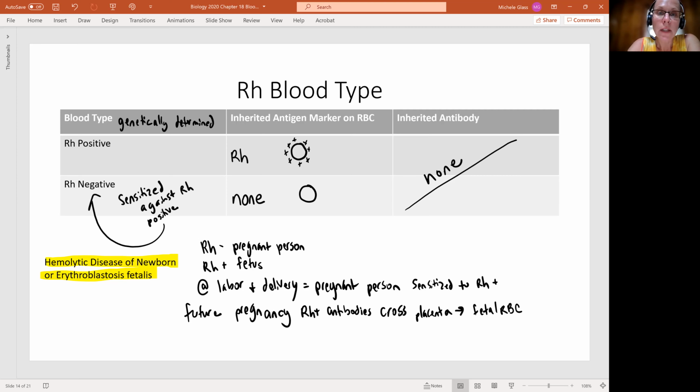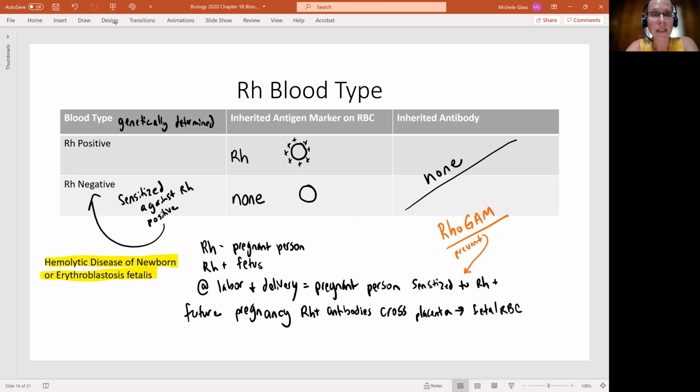Now, this can all be prevented, and this is typically prevented with modern medicine. So in modern medicine, we have what's called the RhoGAM shot. And this is going to prevent sensitization to the Rh positive.